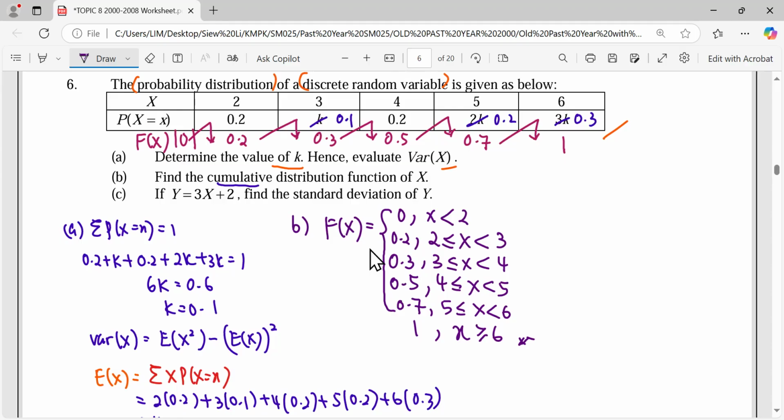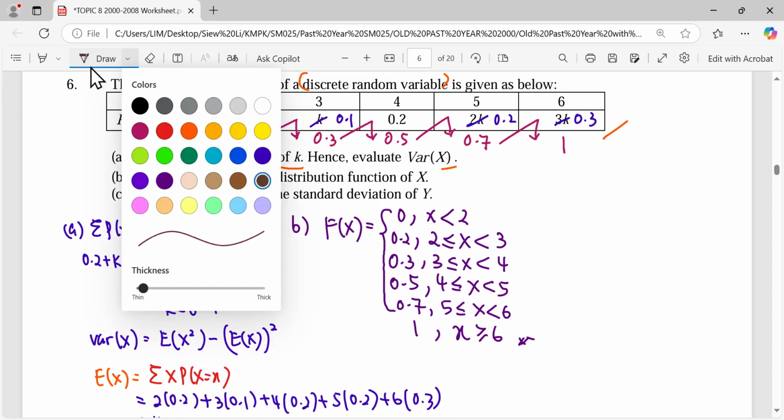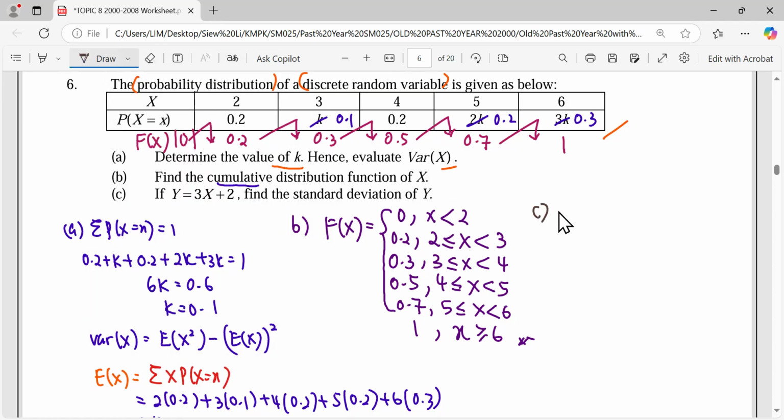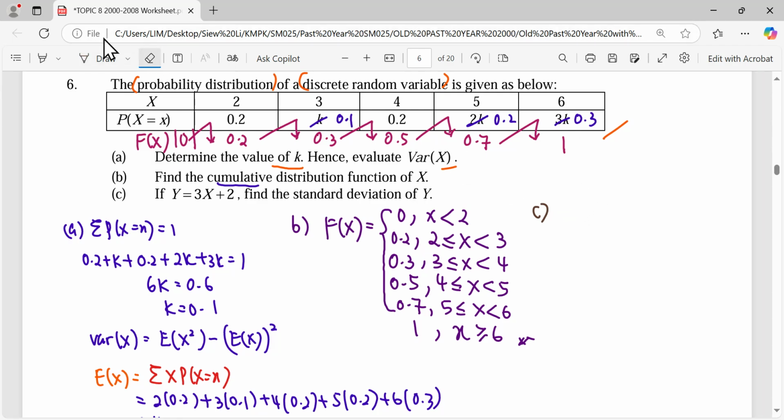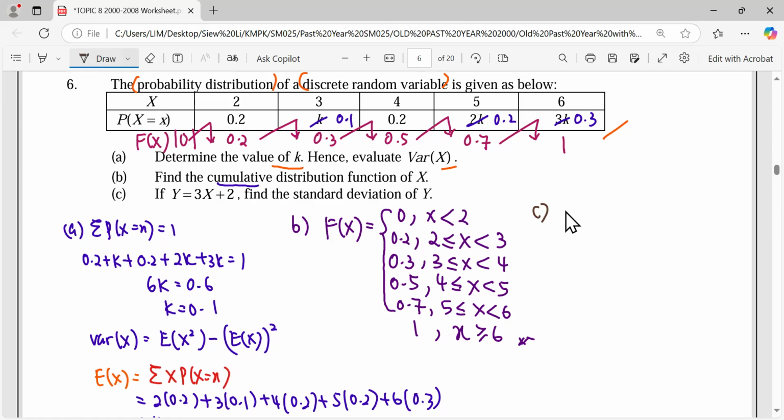Then we continue. For question C, find the standard deviation of Y. The standard deviation is equal to the square root of the variance of Y. What is your Y operation?